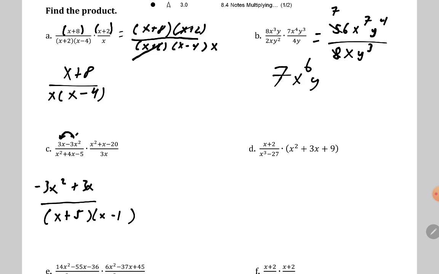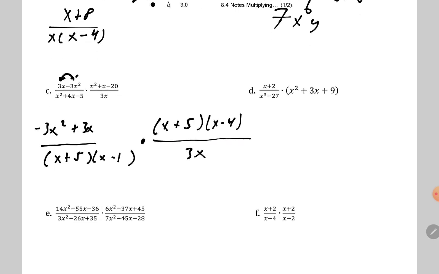So that would be x plus 5, x minus 1. 5 times negative 1 is negative 5. 5x minus 1x is 4x. So that's that on the bottom. And the top, two numbers that multiply to negative 20, 4 and 5, and add up to positive 1. So that'll be a positive 5, negative 4, and then we have 3x on the bottom.